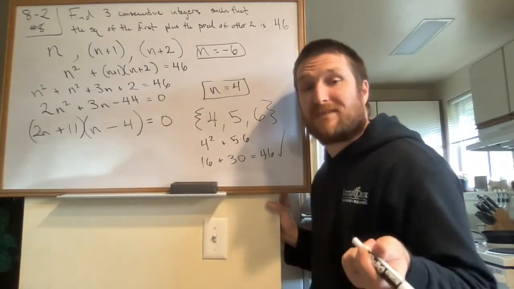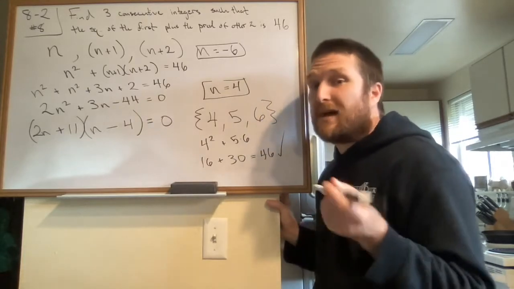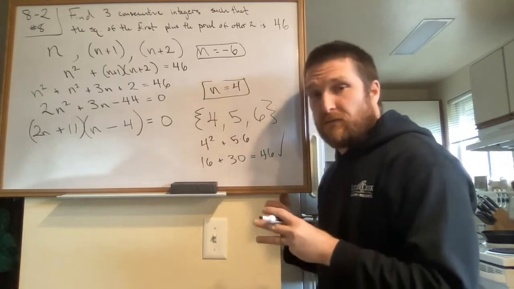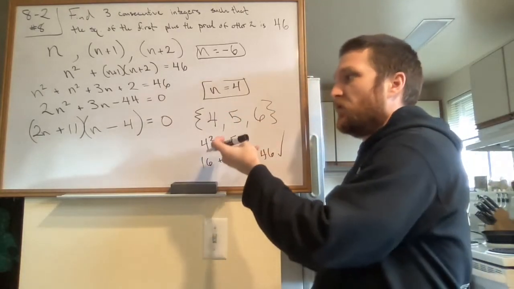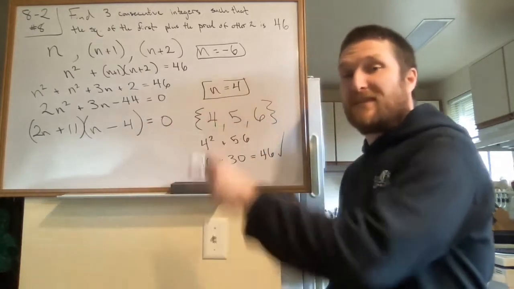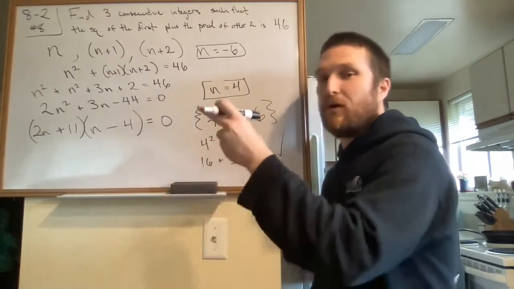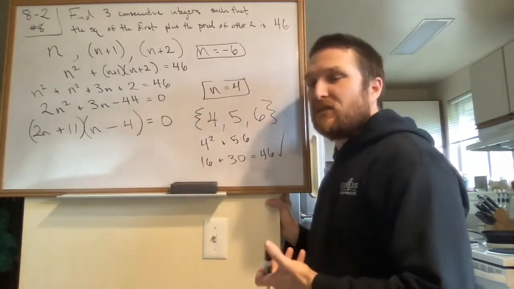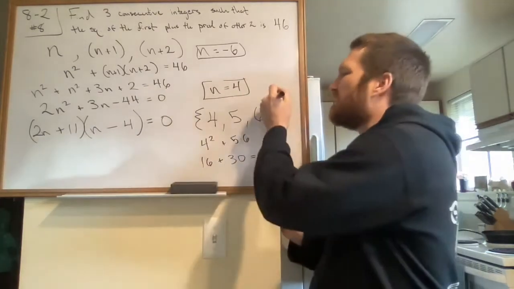There's another one in this section. I think it's in this section, it might be another section, that's like that, where there are actually 3 sets of answers, where you have 4, 5, 6 work, and negative 4, negative 5, and negative 6 work. And I think it was one more like negative 1, 0, and 1 work. And so if they say just find 3 consecutive integers, then you'd be fine with this.